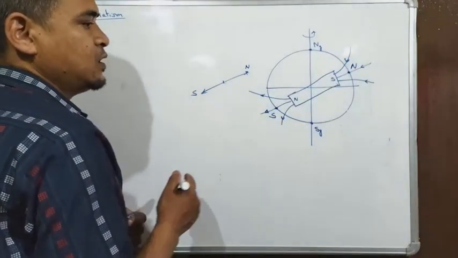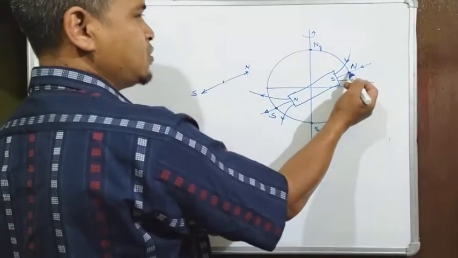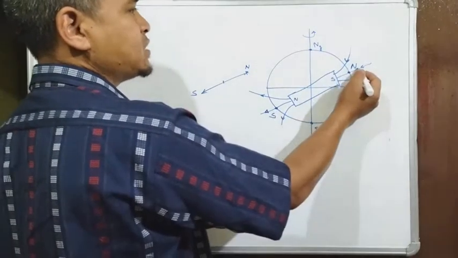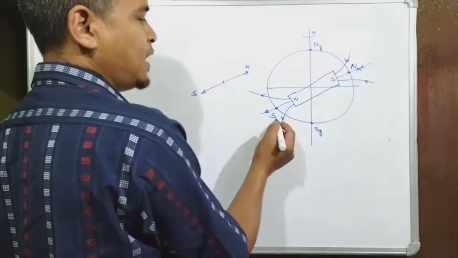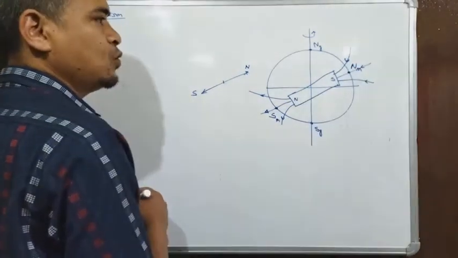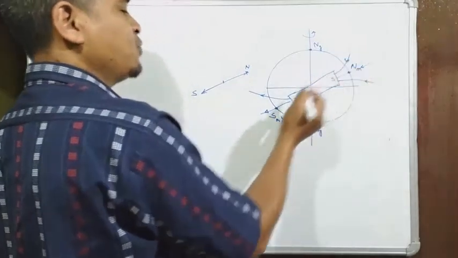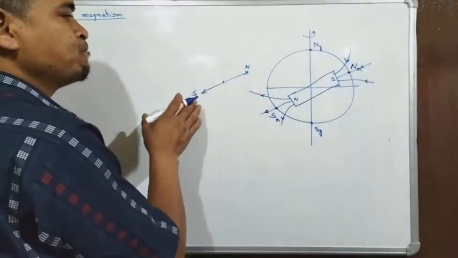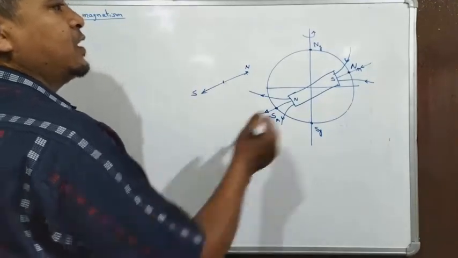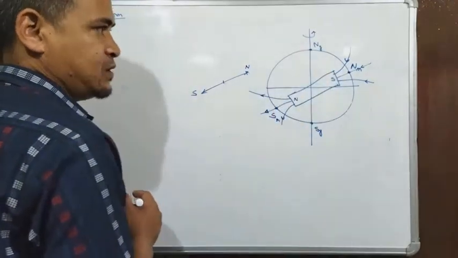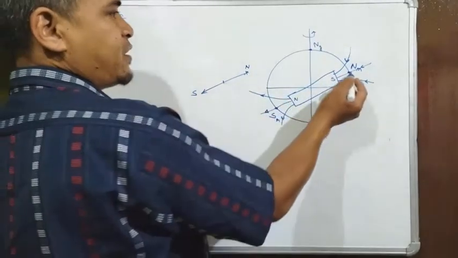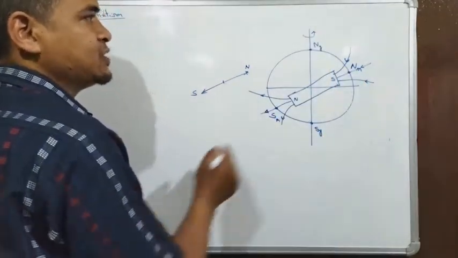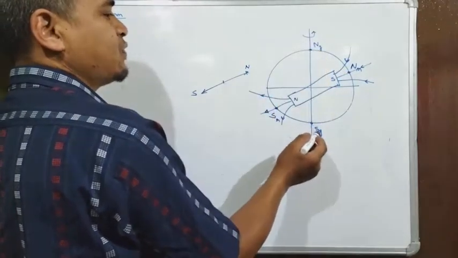This north pole and south pole are known as the magnetic north pole and the magnetic south pole. The magnetic north pole and magnetic south pole, which are determined by the magnetic needle, are not the real poles of the earth. The real poles of the earth are NG and SG, the geographic north and geographic south.